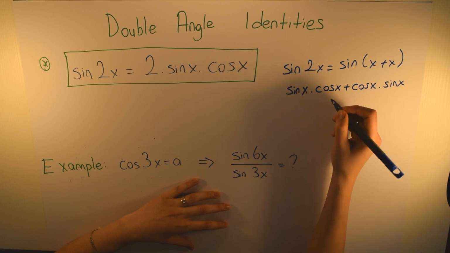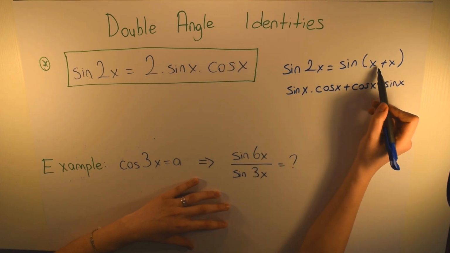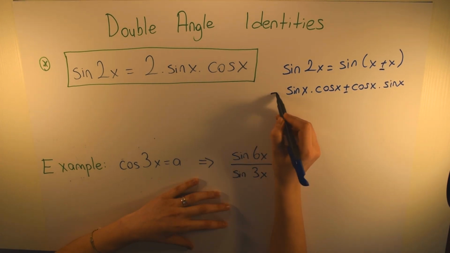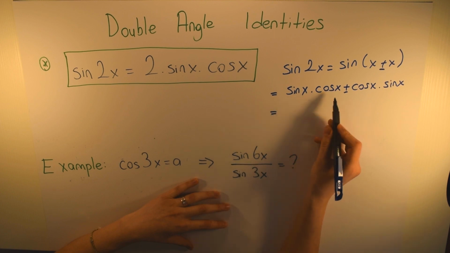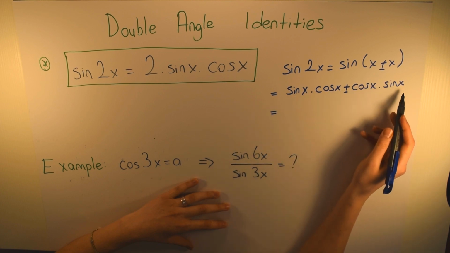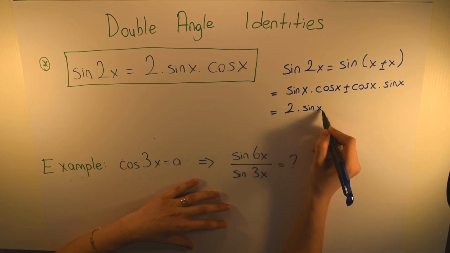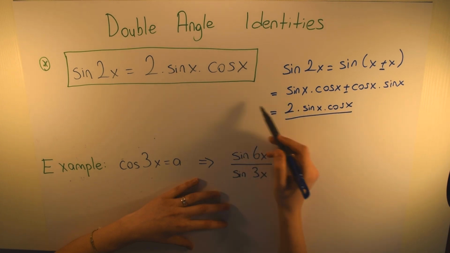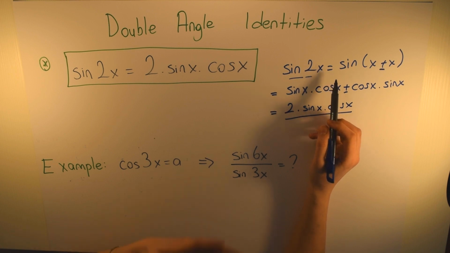It was one sine, one cosine, one cosine, one sine. Since this is x plus x, we put plus here. So from here we get sine x times cosine x plus cosine x times sine x, which is also equal to 2 times sine x times cosine x, right? So this formula actually comes from the sum formula for sine.